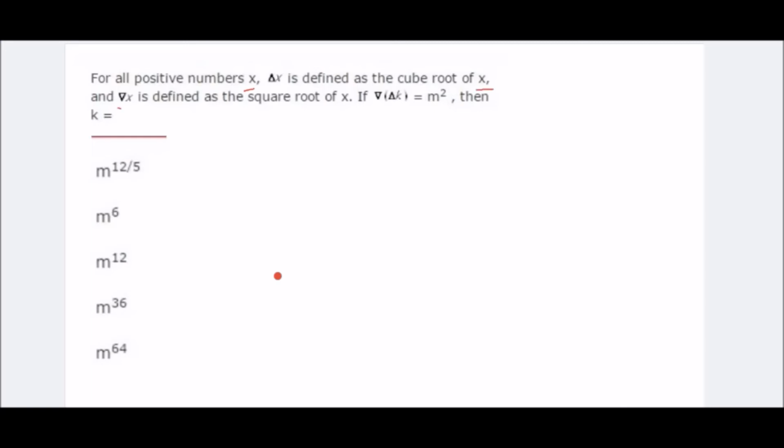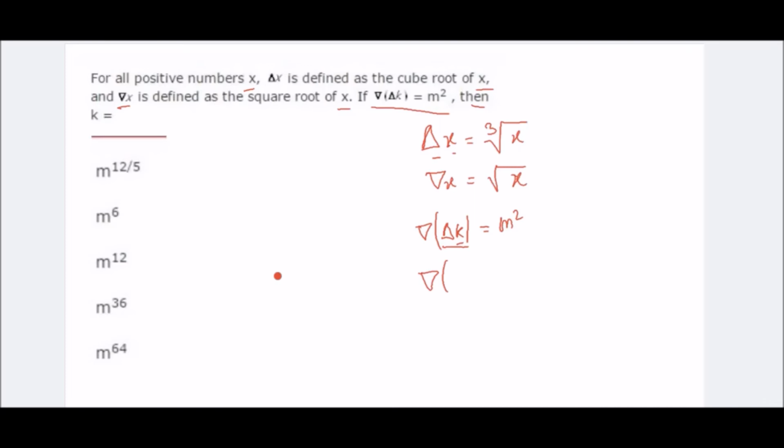Our next question is, for all positive numbers x, delta x is defined as the cube root of x. Here is another sign, which is defined as the square root of x. That is, we'll write in equation form, delta x equal to cube root of x, and this x equal to square root of x. So given here delta k is equal to m square, then we have to find out the k value. So instead of x, here it came k. In that respect we will make the equation. First we will solve the bracket form.